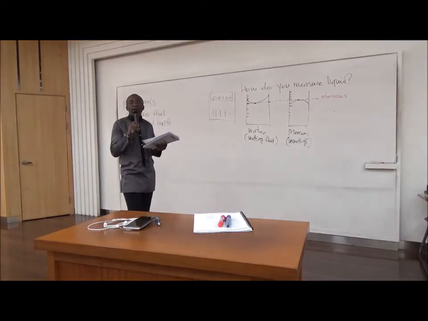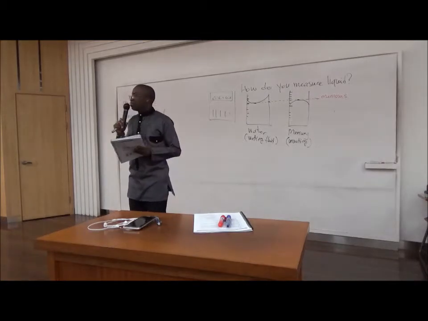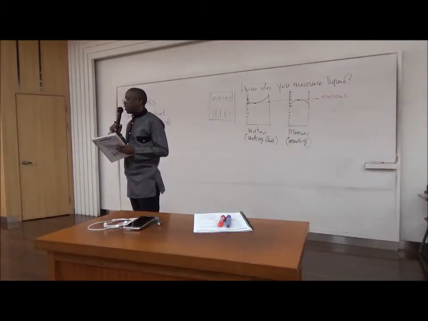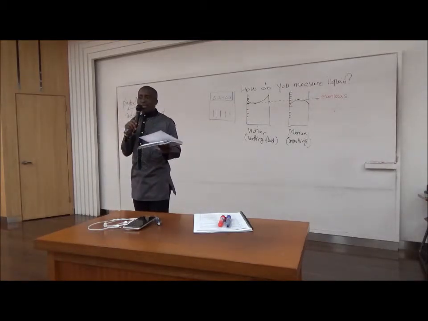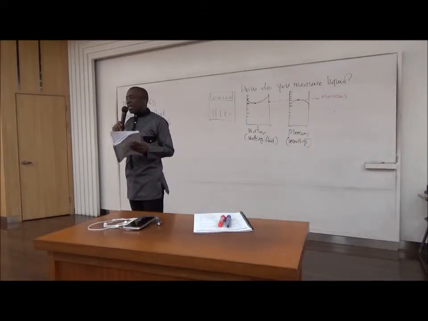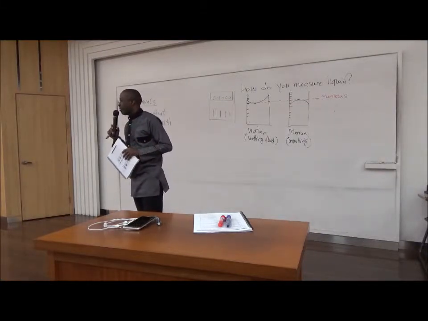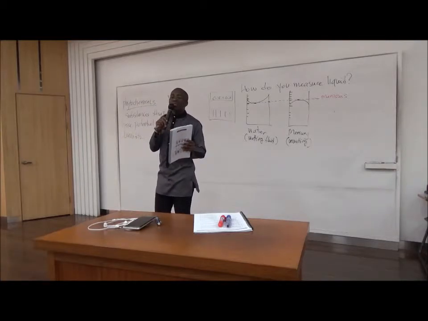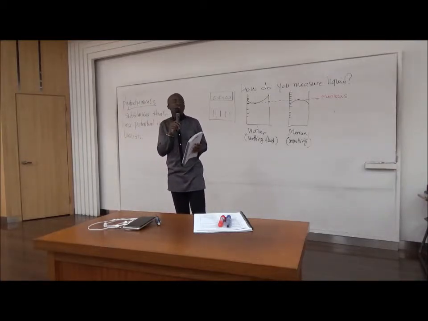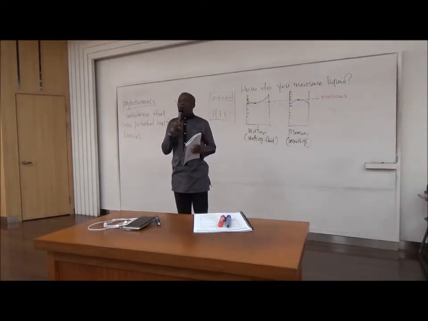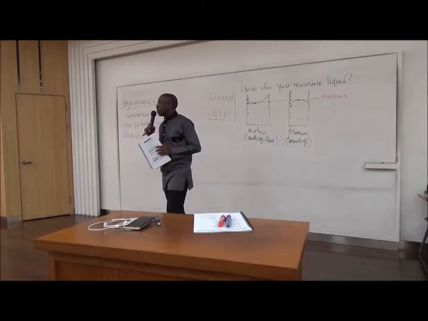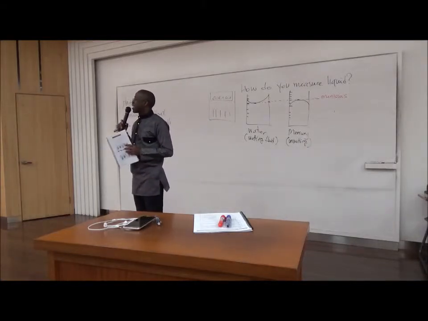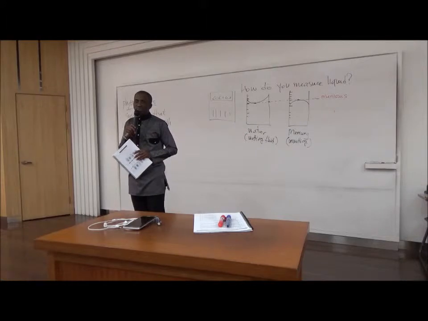So yes, we use salt for seasoning, which is good. We also have it to prevent goiter. But now we have a new challenge when we mention the problem of high blood pressure. And one of the factors of high blood pressure is excess consumption of salt.